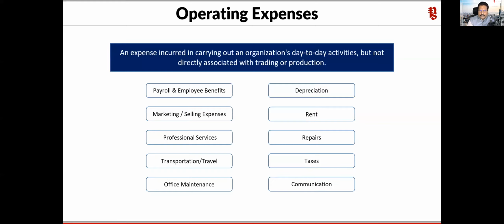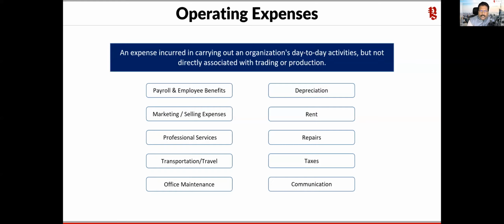There could be more expenses, and like I had mentioned earlier, it is not necessary for businesses to incur all these types of expenses. Depending on the nature of business or their activity and the operations of the business, they will incur them.